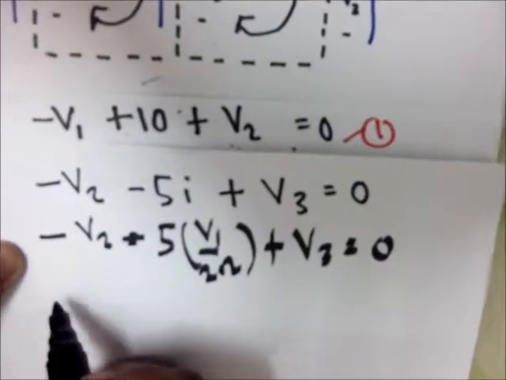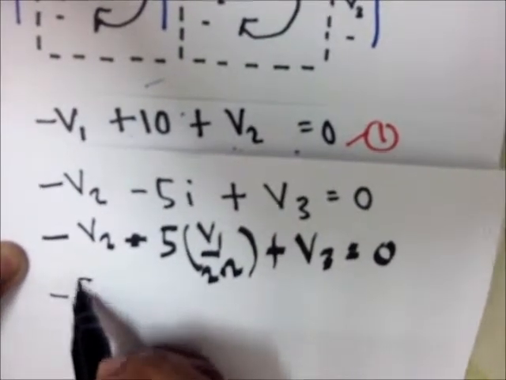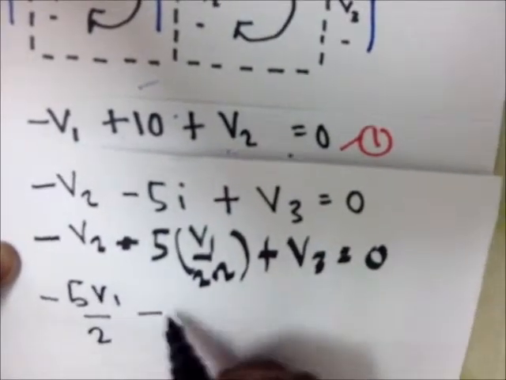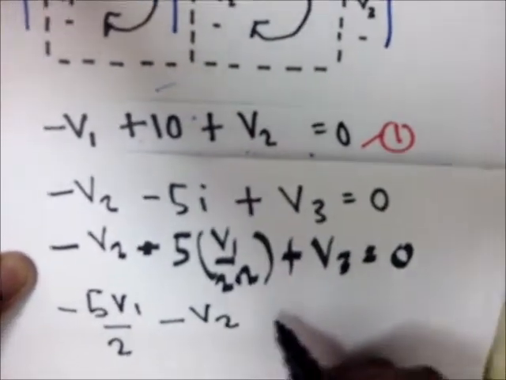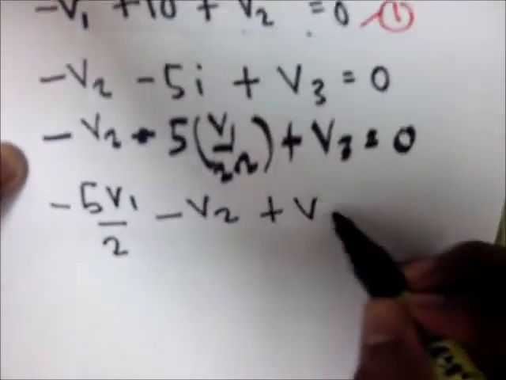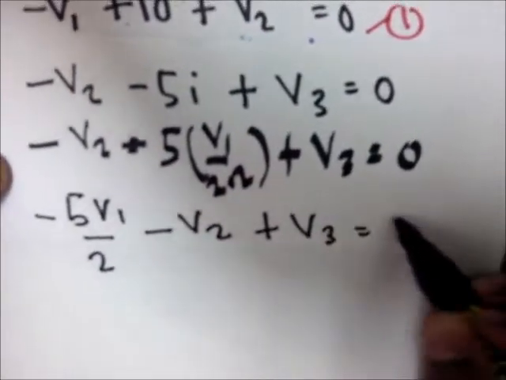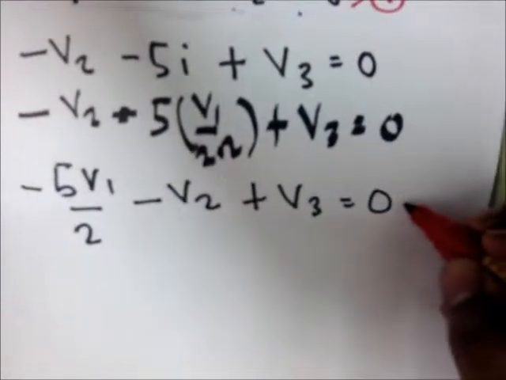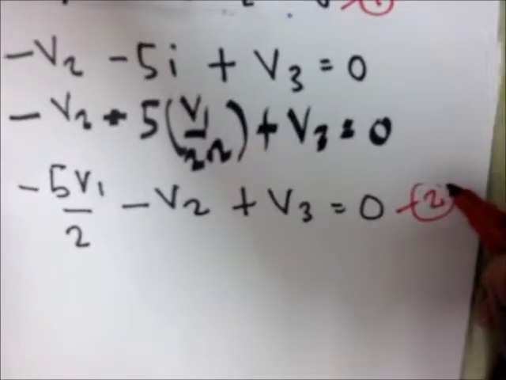So you get negative 5 V1 over 2 negative V2 plus V3 equals 0. This is equation 2.